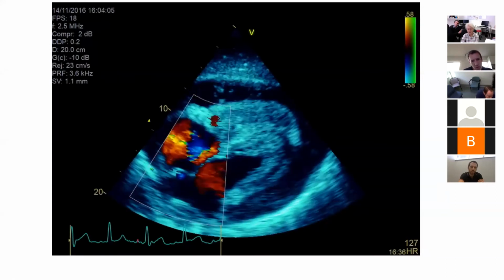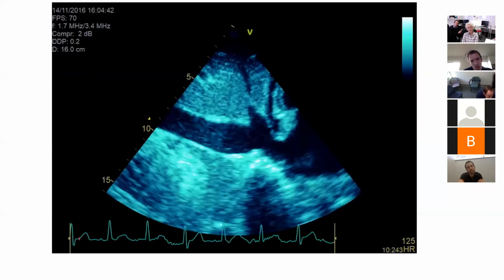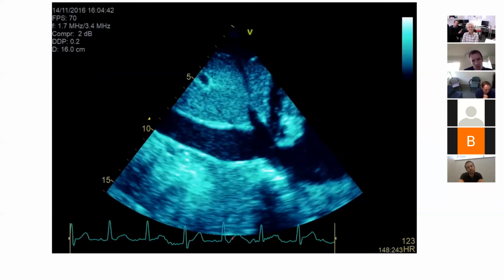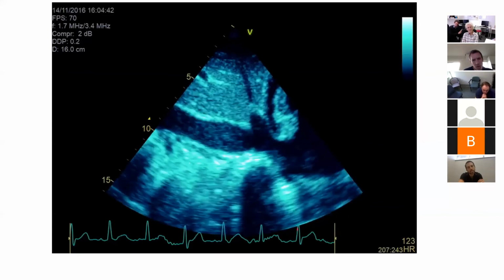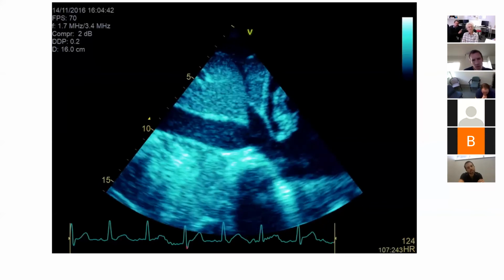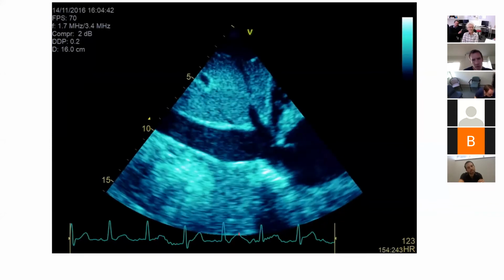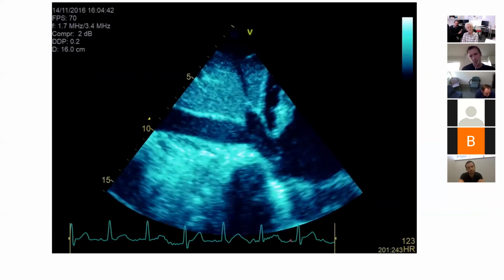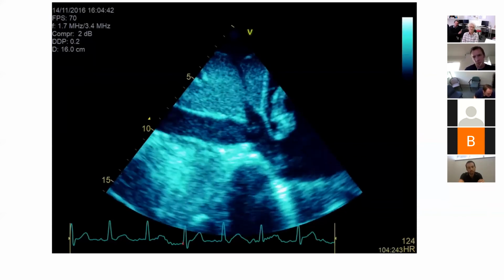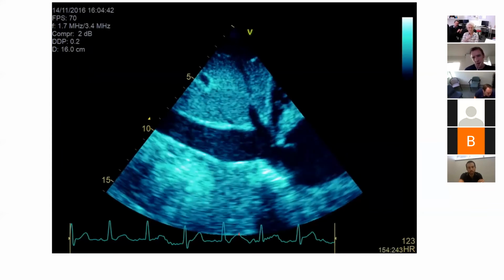Yeah. And his IVC looks like it's bigger than probably 2.1 centimeters. And it's less than 50% respiratory variation if a sniff test was performed during that clip.